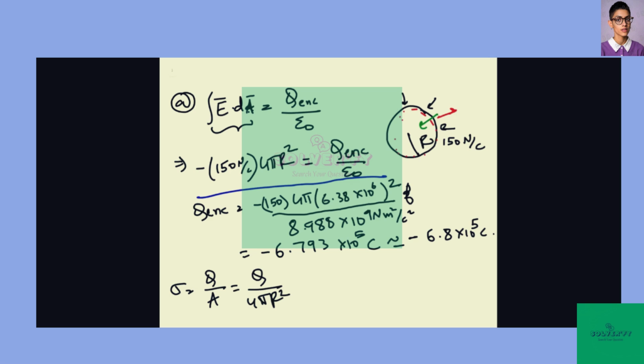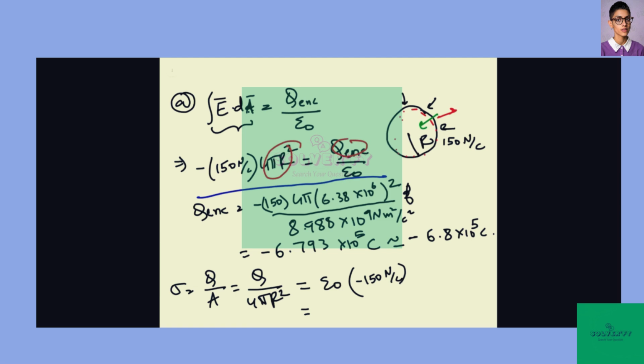So that is equal to, if you remember the formula here, Q by 4 pi r square will be equal to epsilon naught times minus 150 Newton per coulomb. That is it.